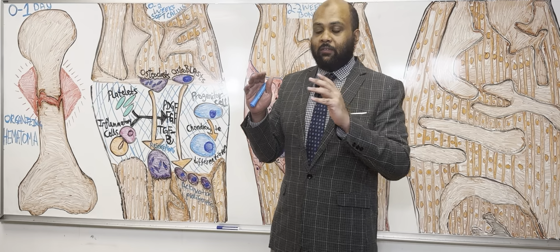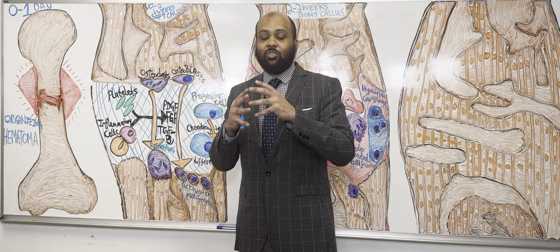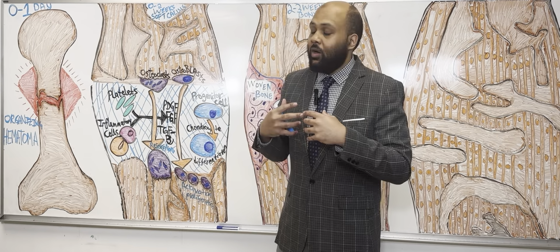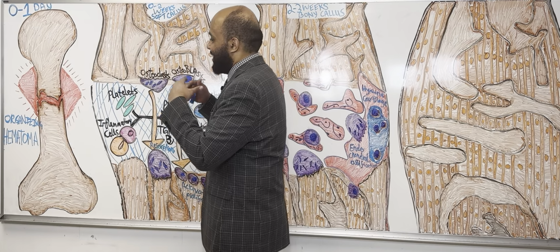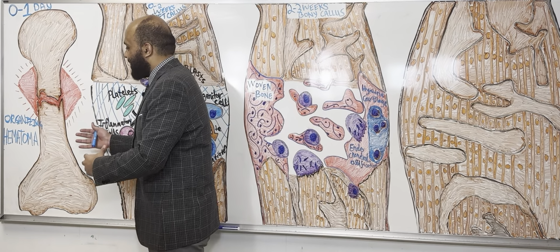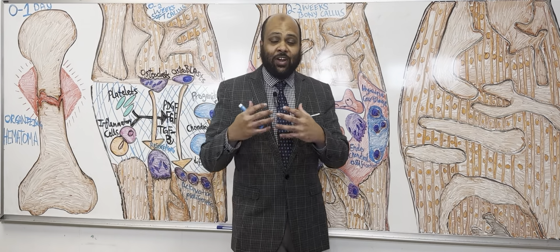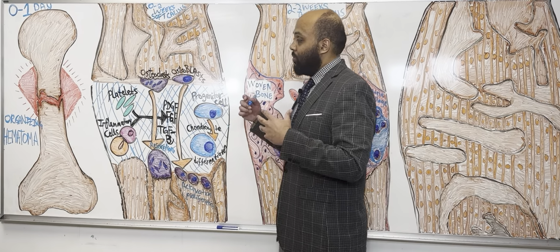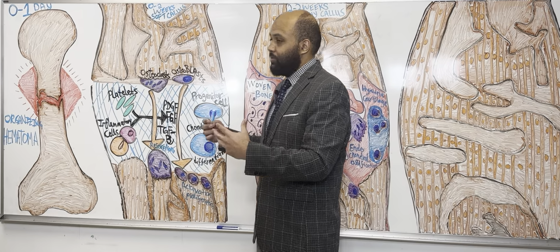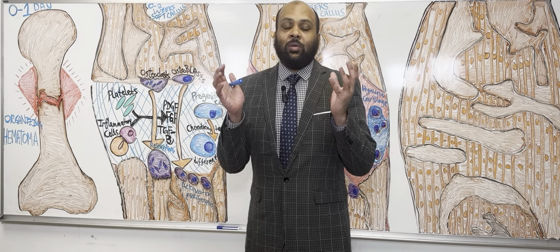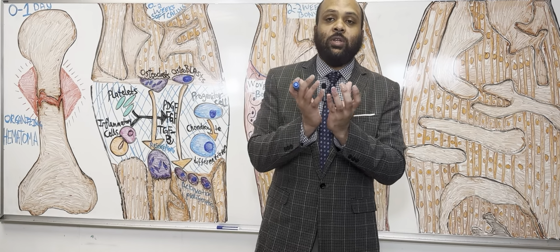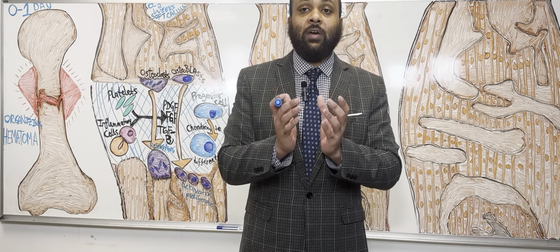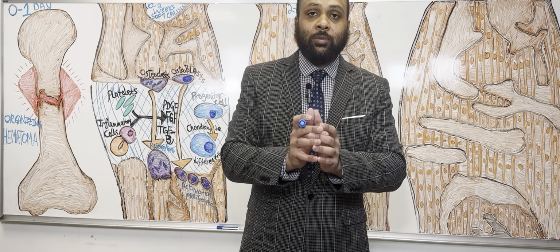So if the continuity and the structural integrity of the bone is broken and there is a fracture, then your body is overtly concerned with the repair of the continuity of the bone. We need to have the bone as one piece.